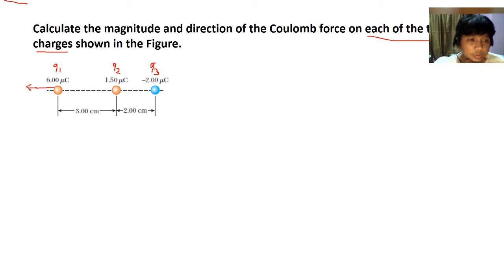It's pointing to the left, because Q1 is repelled by Q2. And it is also attracted to Q3, so I'm going to draw the arrow towards Q3, a sign of attraction.